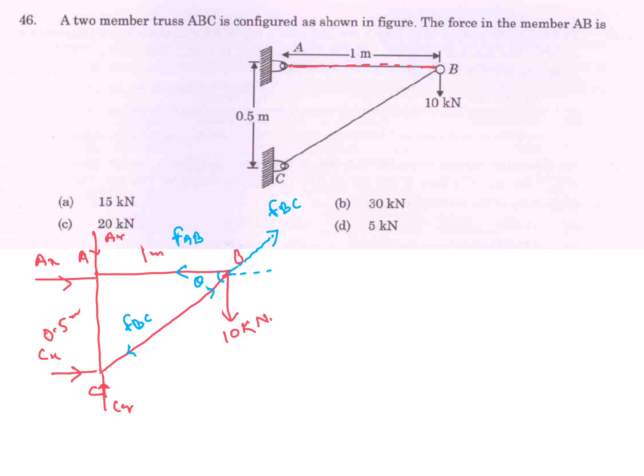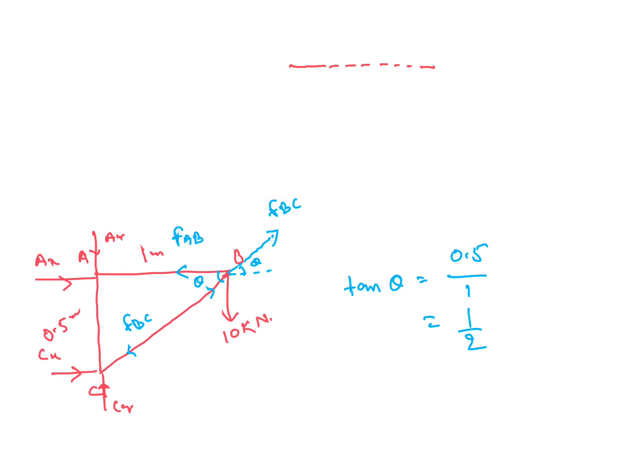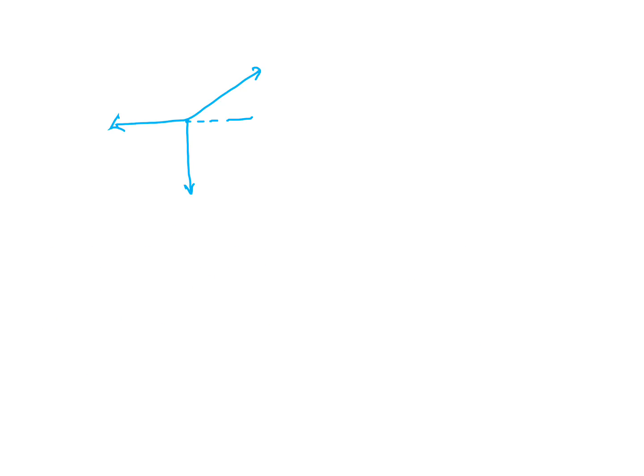Here it's theta. So tan theta is 0.5 by 1. Tan theta value is 0.5. Here it's theta, and we already got tan theta value. Here given 10 kilonewton. FBC, FAB we have to calculate.